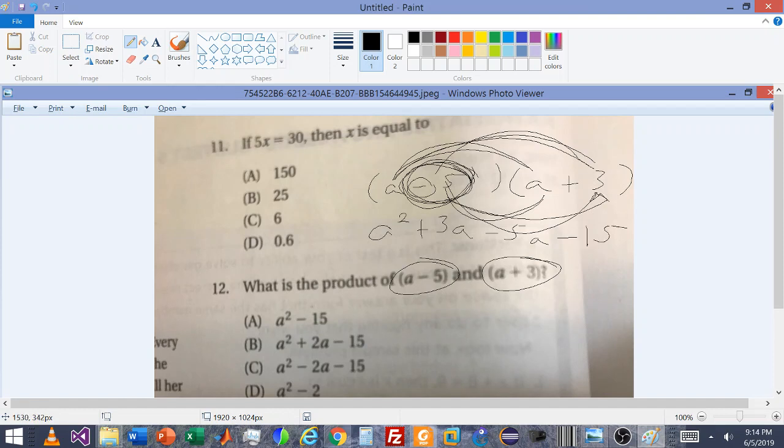Now, where can we simplify? The rules of polynomials, just to review, are that any terms that have variables in them can be combined if it's the same variable or sets of variables and they have the same powers. So this is our only a squared term, so we can't simplify that. But here we have 3a and negative 5a.